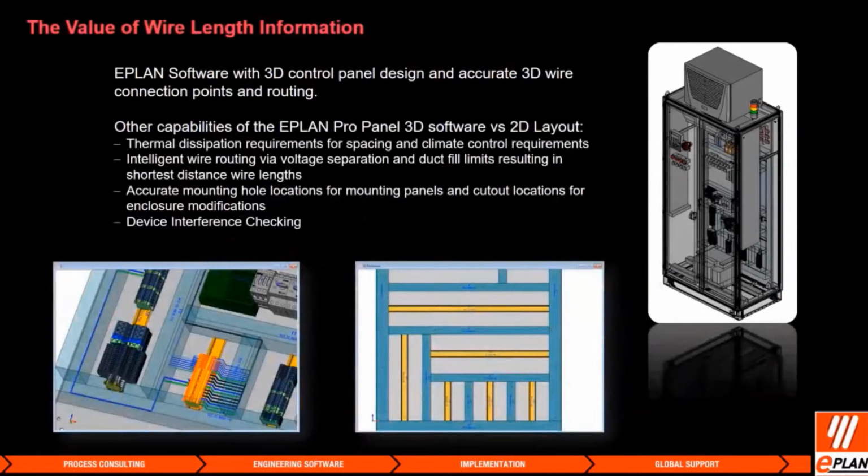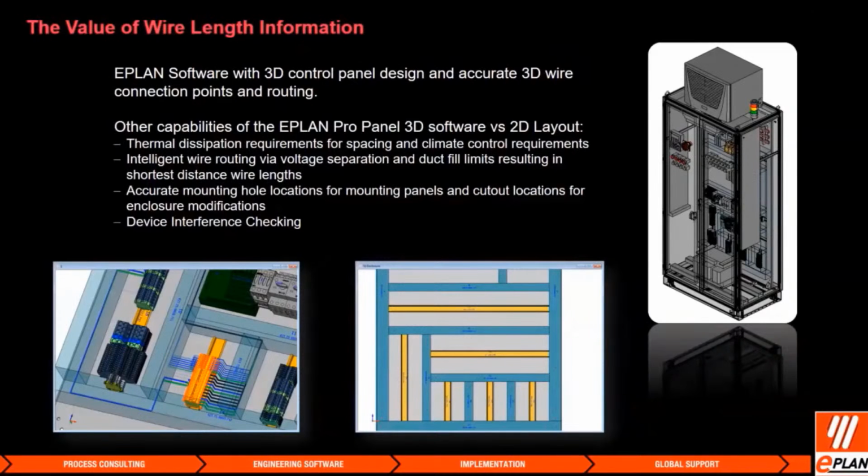is really going to be driven off of, like I said, the 3D data. And I'd like to talk about the value of wire length information a little bit before we take a look at that video. So ePlan software, as I mentioned, can provide that 3D data, but also a couple of additional real strong benefits: being able to look at thermal dissipation requirements and spacing for climate control requirements inside the panel.